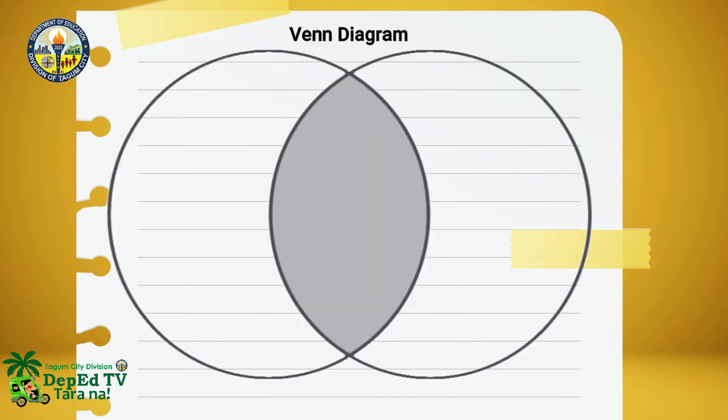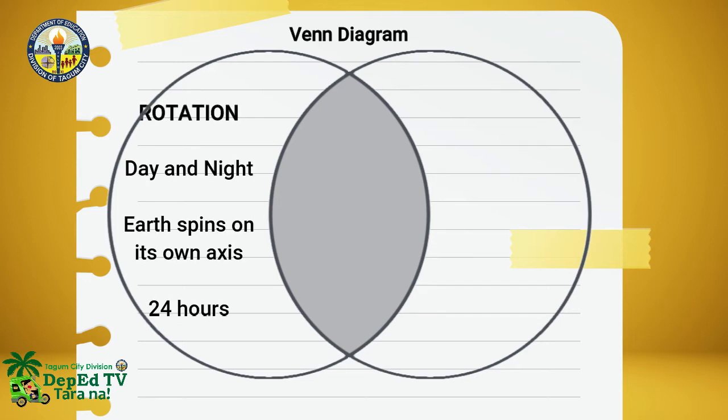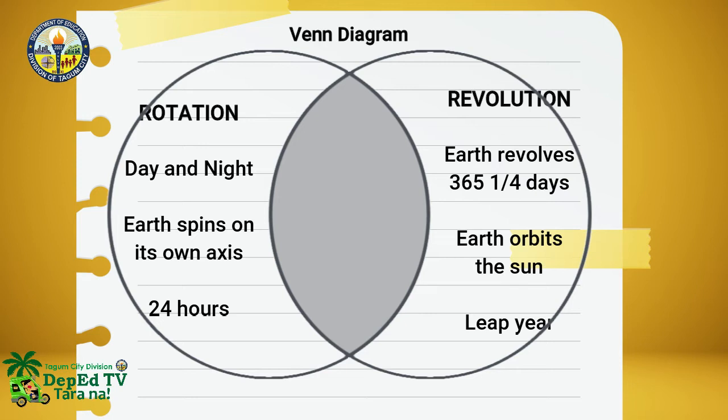On the left side of the diagram, under rotation, you answered day and night, Earth spins on its own axis, and 24 hours. On the right side of the diagram, under revolution, the answers are Earth revolves 365 and 1/4 days, Earth orbits the Sun, and leap year.